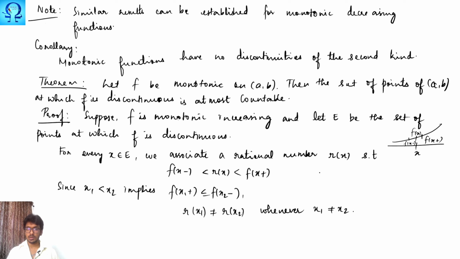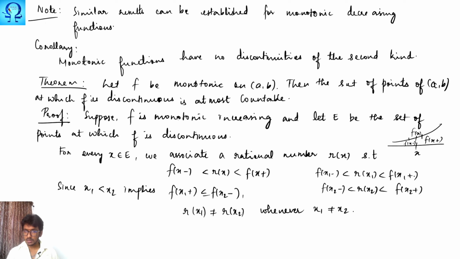For x1 you can find f of x1 minus less than r of x1 less than f of x1 plus, and for x2, f of x2 minus less than r of x2 less than f of x2 plus.